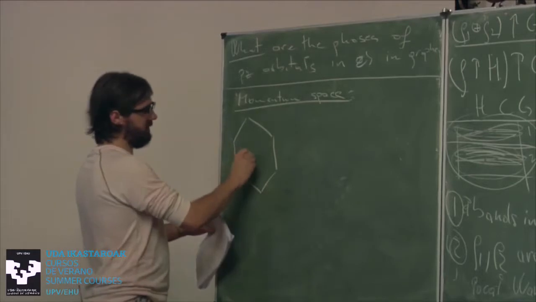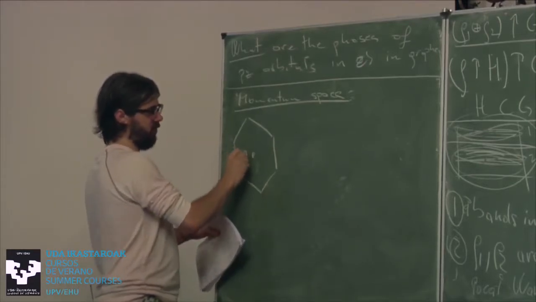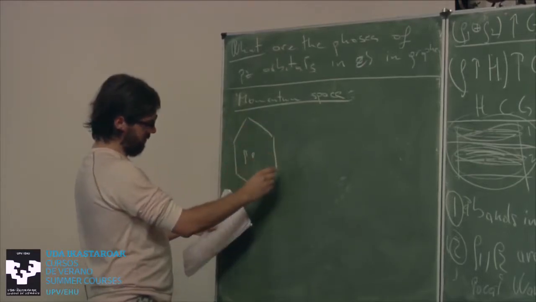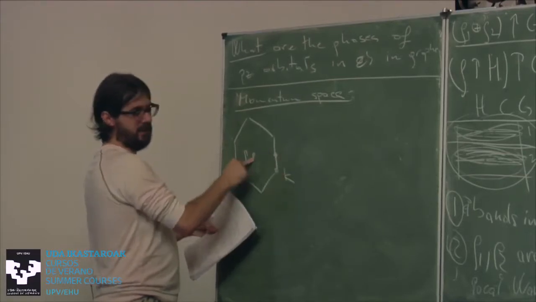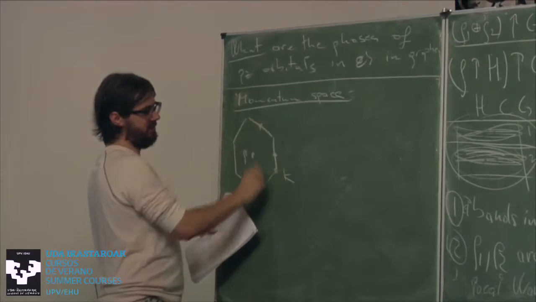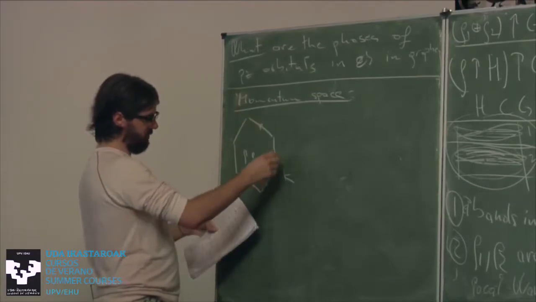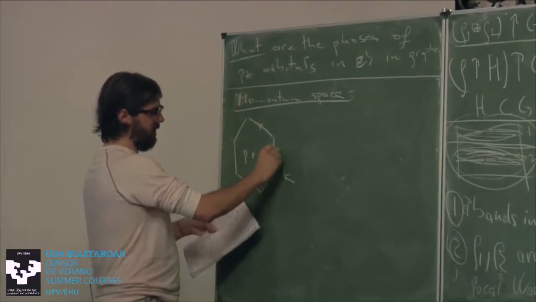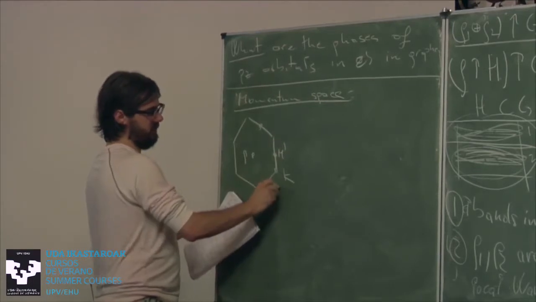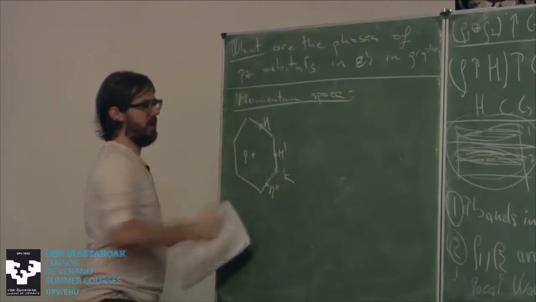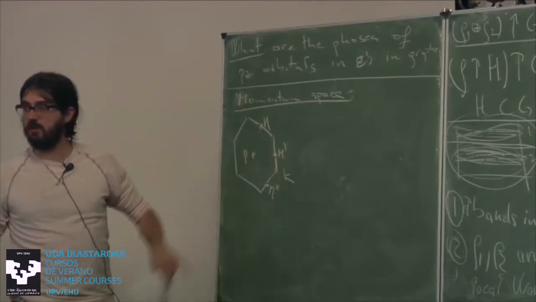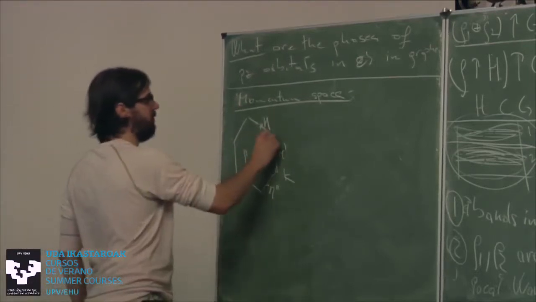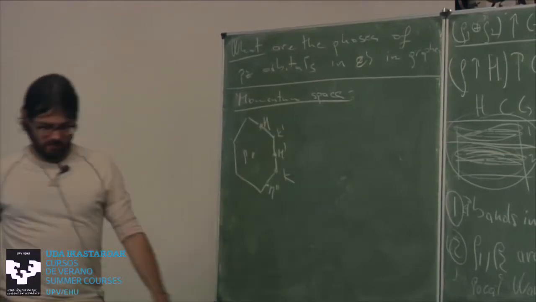It has several special points. For example, the K point is special, the gamma point is time reversal invariant, and there are 3 M points which are also time reversal invariant, and K prime. There are 2 K points. Okay?